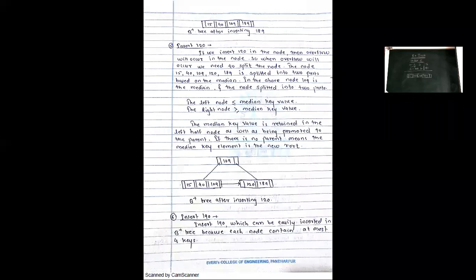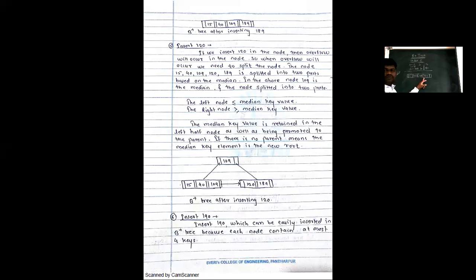Now what we need to do here? Splitting. Now, if we insert 120 in the node, then overflow condition will occur, right? Now we need to calculate the median. So 120 you want to insert. Now where it will be inserted?